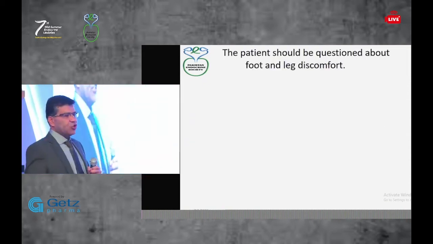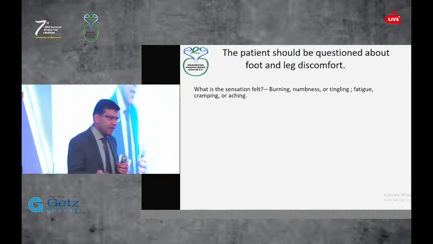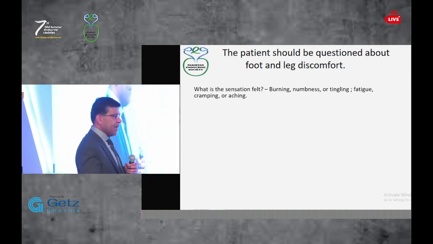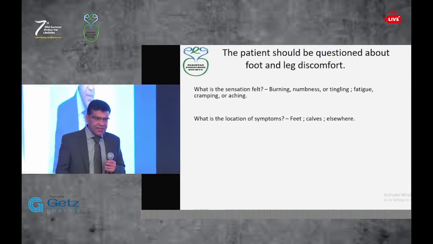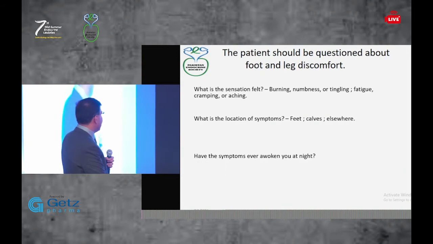The patient should be questioned about the type of sensation: whether it is burning, numbing, tingling, or fatigue, cramping, or aching. What is the location of the symptoms, whether in the calf, in the feet, or elsewhere?